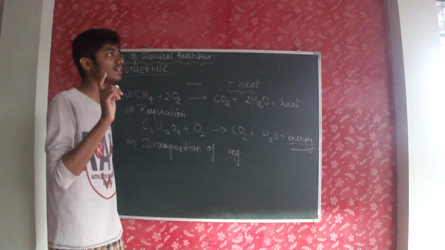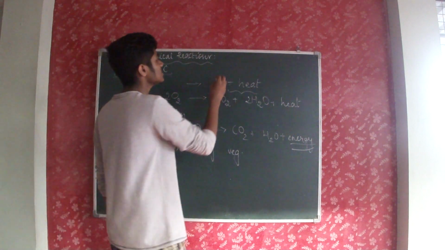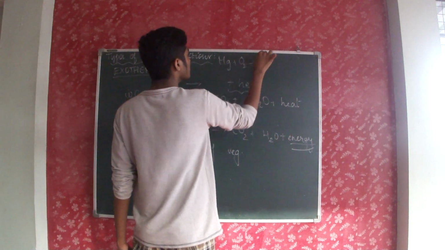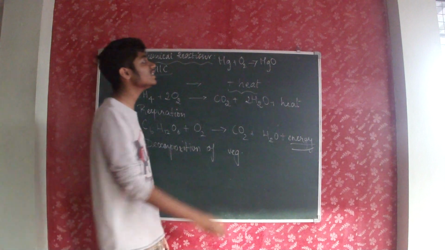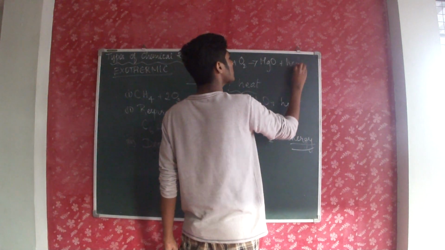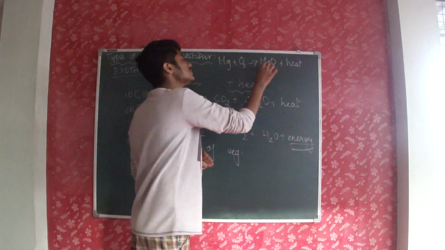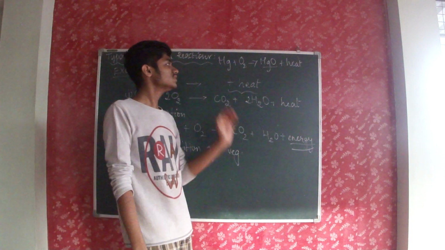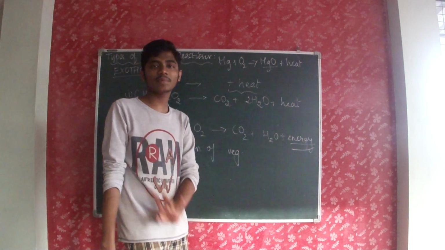Also, at the beginning of this lesson, we learned one reaction: magnesium, when it reacts with oxygen, produces magnesium oxide. Remember that? There also heat is evolved, so it is an exothermic reaction. At the same time, two reactants are combining to form a single product, so it is also a combination reaction. So you can tell that this is a combination and exothermic reaction.